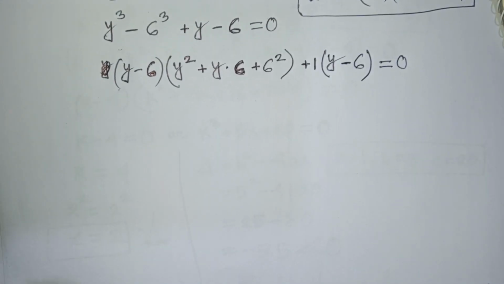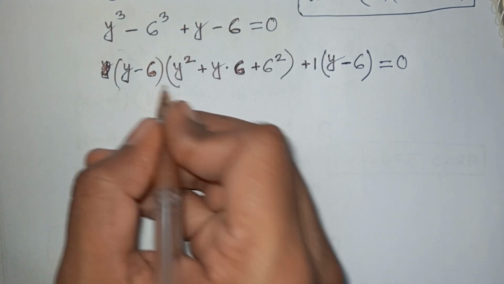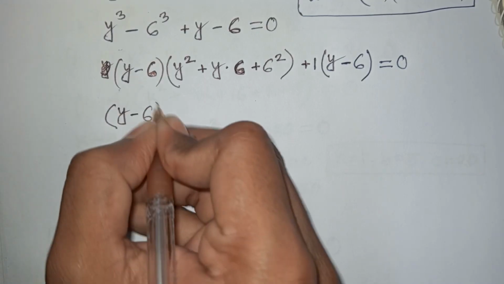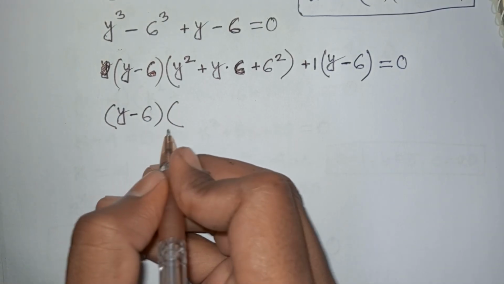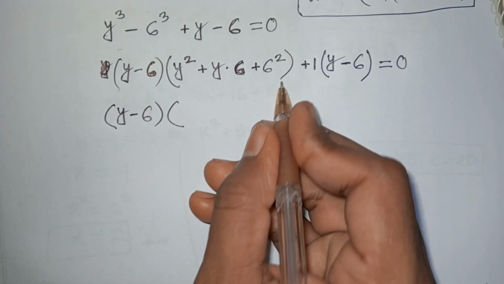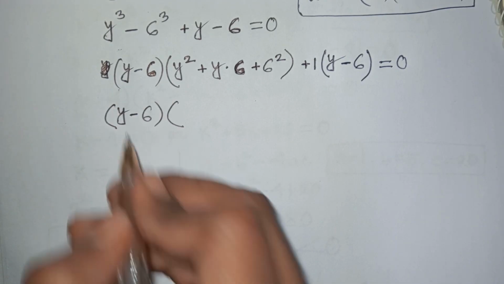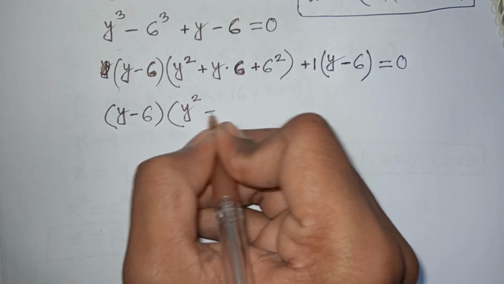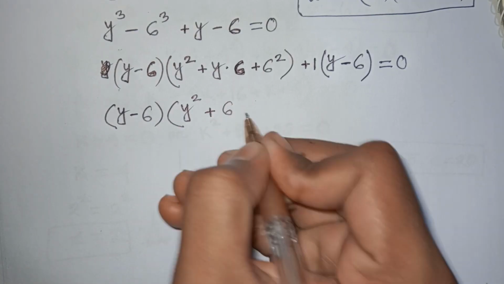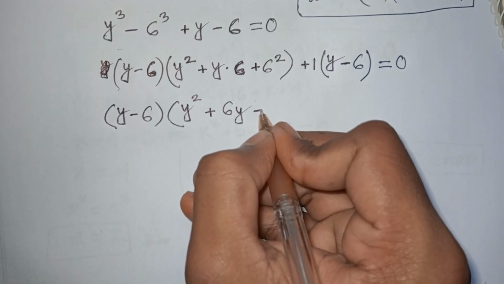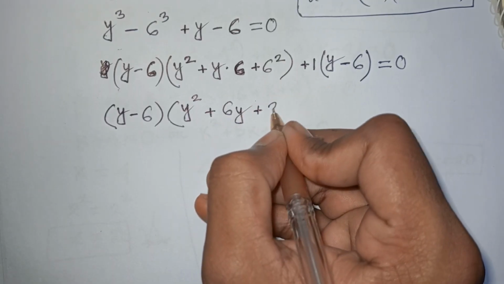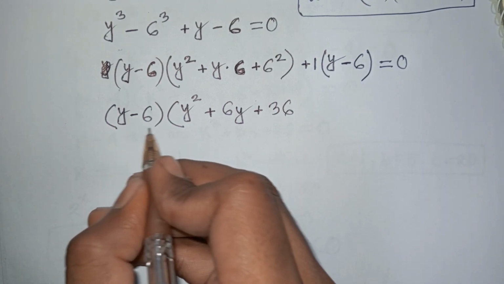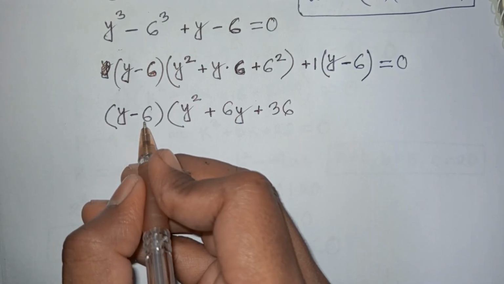In the next step, we see y minus 6 is common. So bracket y minus 6 is out of this bracket. So this divided by this, so y minus 6 will be cancelled. So we have y square plus y times 6, that means 6y, plus 6 square, which is 36. Then this divided by this, so y minus 6 will be cancelled.